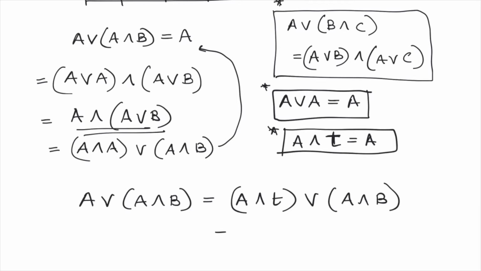Now we can apply the distributive property here. So this becomes A and (T or B).